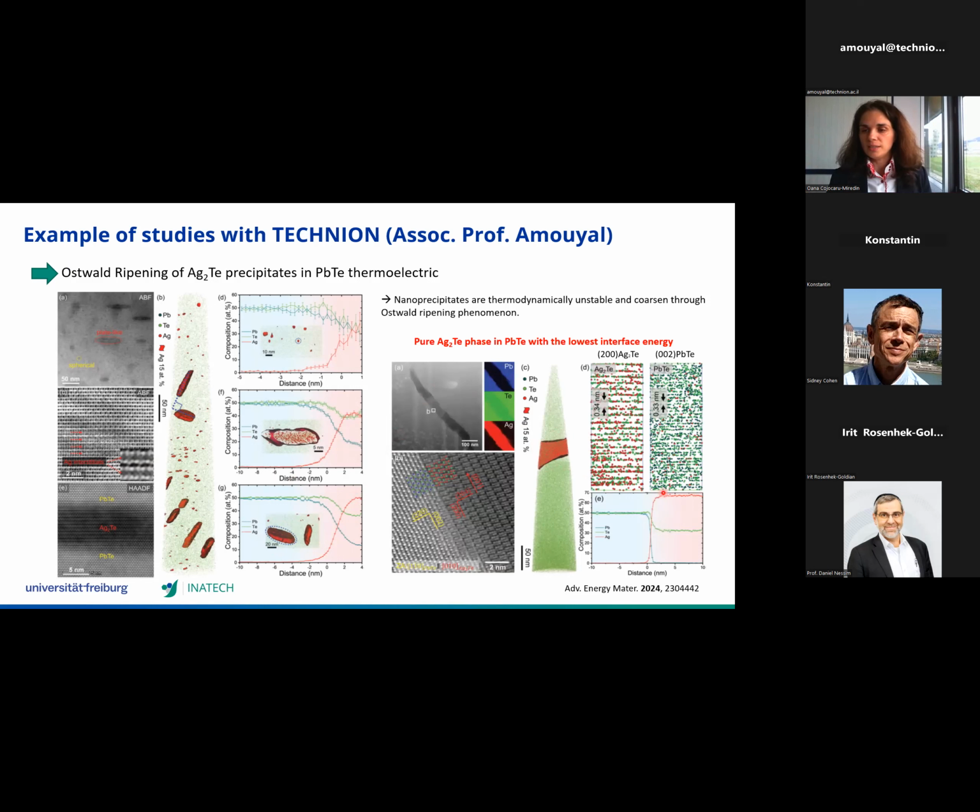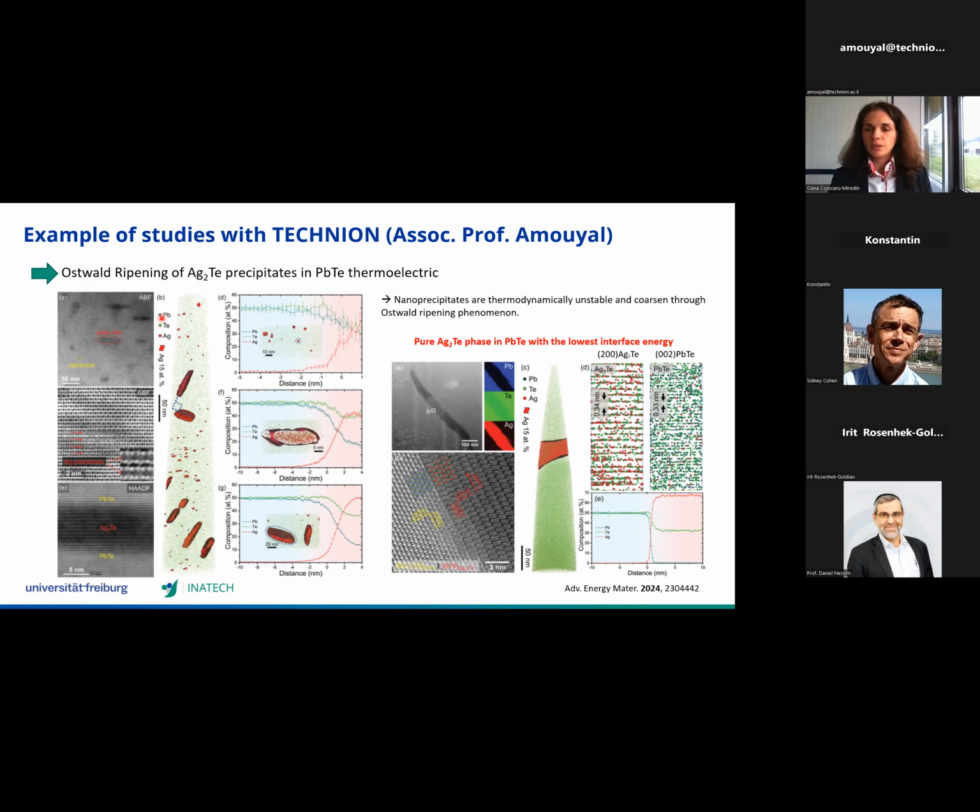And we see nicely here that the composition of these silver telluride precipitates corresponds really to the silver to tellurium phase, which means that they are really very pure silver telluride precipitates. So within this material we have an evolution: the nucleation, the growth, the coarsening, and the formation of the silver telluride, and we could map with the atom probe the whole evolution of this within the lead telluride.